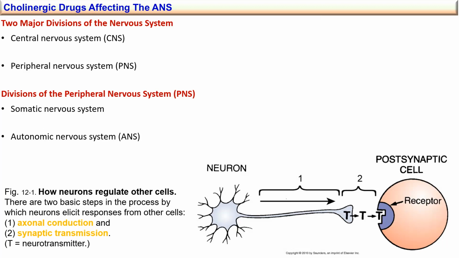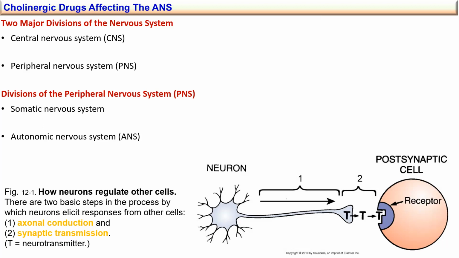Now, the peripheral nervous system includes the somatic and the autonomic nervous system. The somatic nervous system is the voluntary control over skeletal muscles. All the skeletal muscles are controlled by the somatic nervous system, which is a voluntary control.